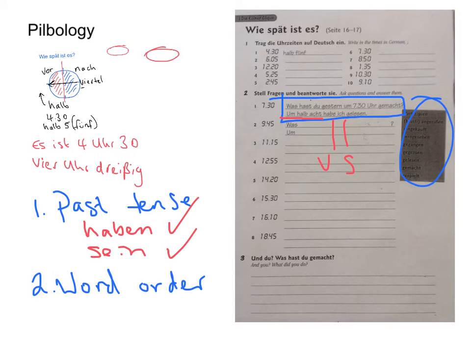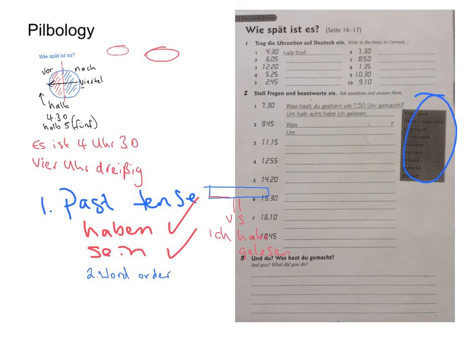So normally if you wanted to say I read, you would say ich habe gelesen. But if it's at a specific time, 7:30, habe ich gelesen. So anytime you're putting information before the subject and the verb, you must switch them around. Okay, so a bit of jiggery-pokery with the sentences.